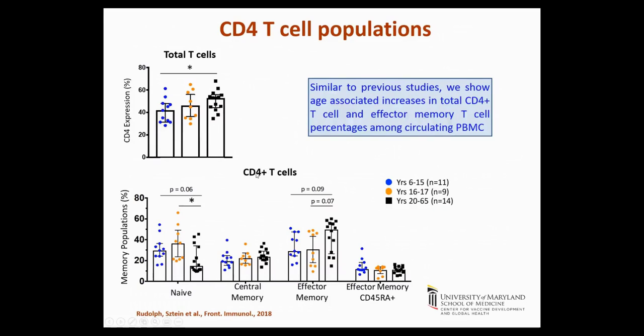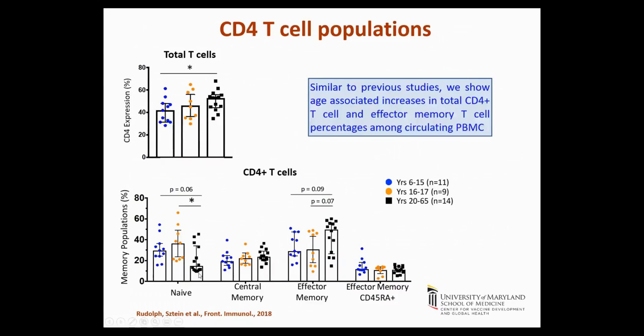And here we have some phenotypic data by looking at CD4 T cells in 6 to 15 years old. This is in blue. 16 to 17 years old, these are in orange, and adults 20 to 65 years old in black.